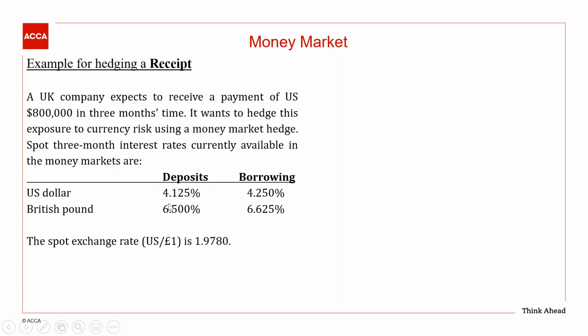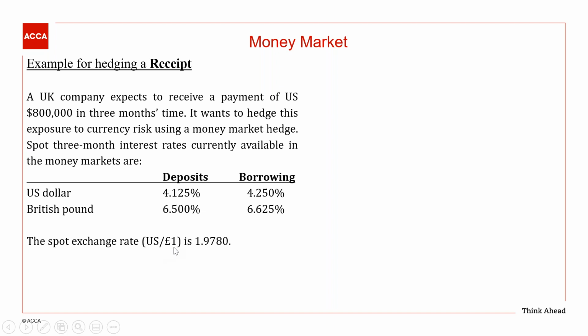These are the annual rates, but for borrowings or deposits of 3 months. So we have to convert these rates into 3 months whenever we use them. That's another thing that you should note. The spot rate is 1.9780 and it is quoted in US dollars. Again, a very important thing.